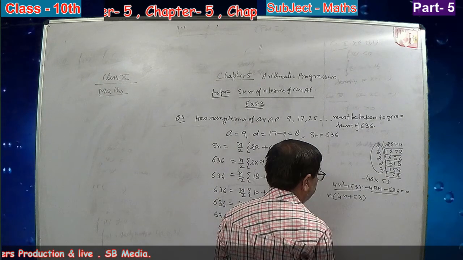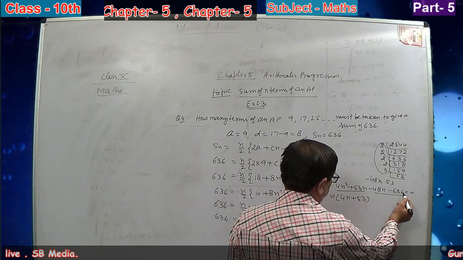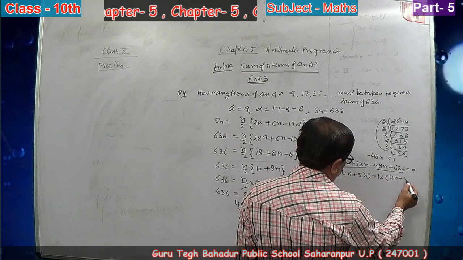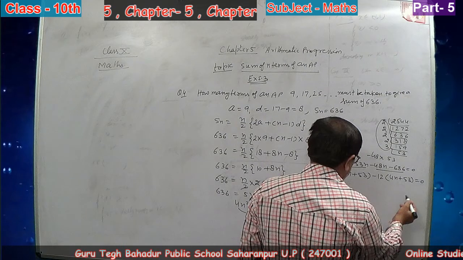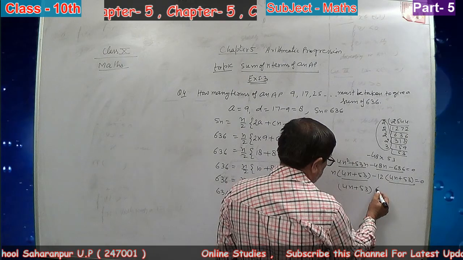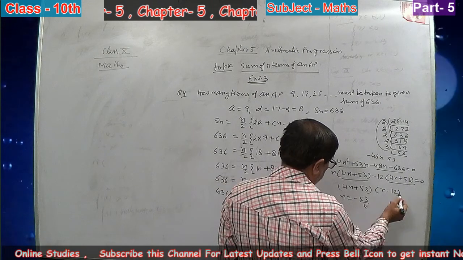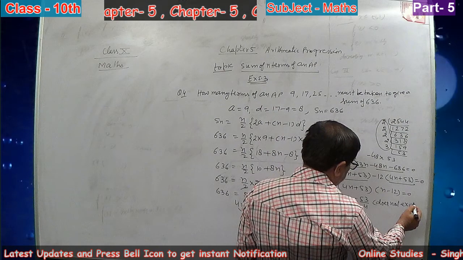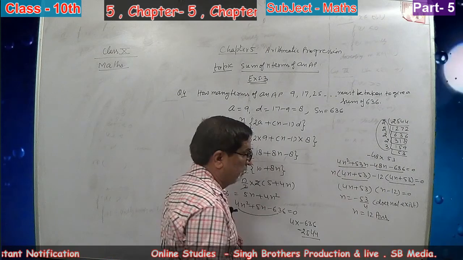Here both are multiples of 12. 12 is common, 12 times 53 is 636, so it becomes plus. 4n plus 53 is common, n minus 12. So, n is equal to minus 53 upon 4, which does not exist because it is a negative value and number of terms cannot be negative, and n is equal to 12. This is the answer.